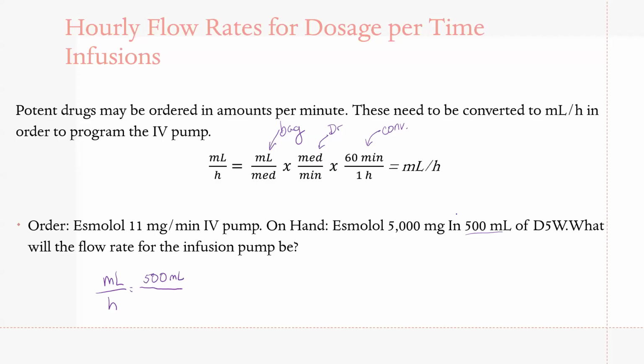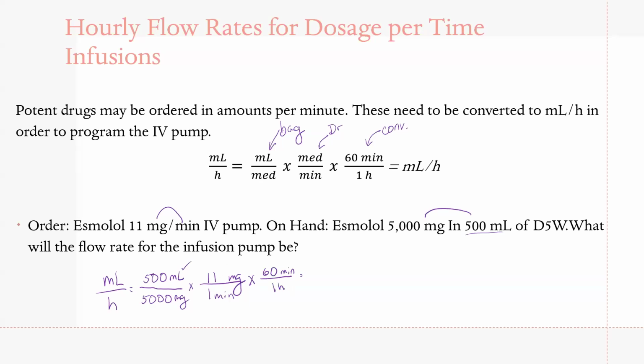And its best friend is how much medicine is there, and that's the 5,000 milligrams. But I don't want milligrams, so I have to cancel the milligrams. You look up here for something else that says milligram, and that's the 11 milligrams per 1 minute. But of course, you have to set the pump per hour. So you're going to multiply by 60 minutes is 1 hour.